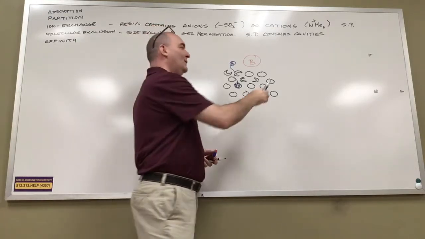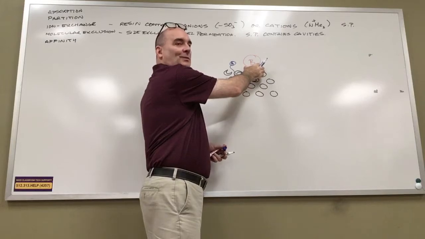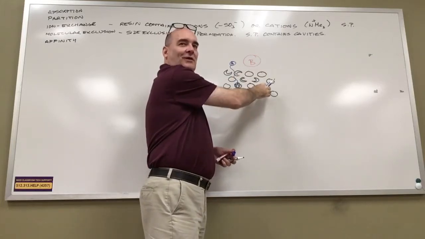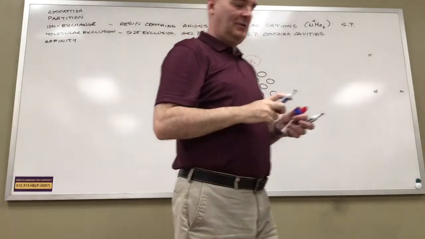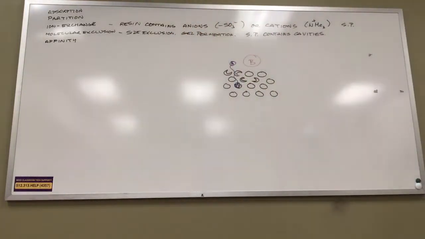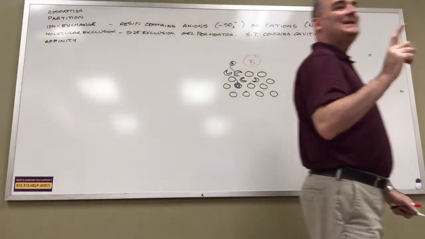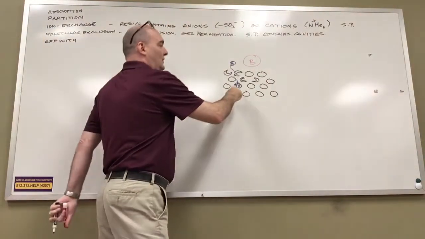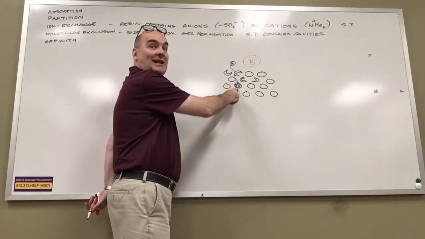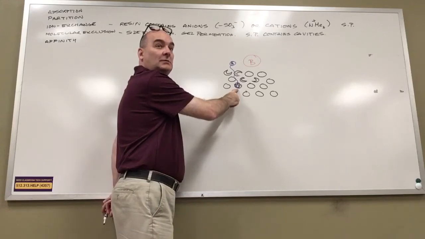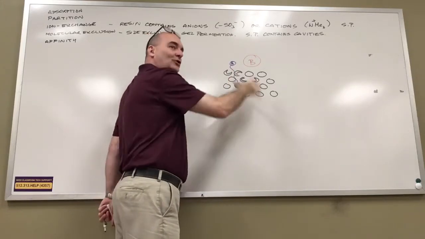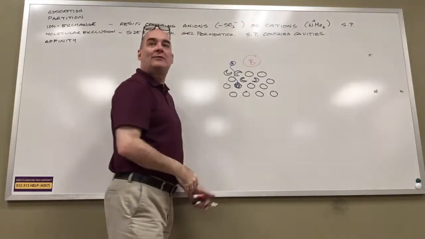And this is a complete over-exaggeration. My molecule B is not larger than the stationary phase, right? So just a complete exaggeration. But now what I'm going to see is my smaller molecules are more likely to be impeded because they get stuck, they get included into the stationary phase. It's only a physical process. I can wash them out, but it takes more effort.